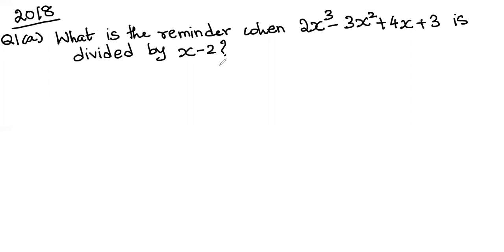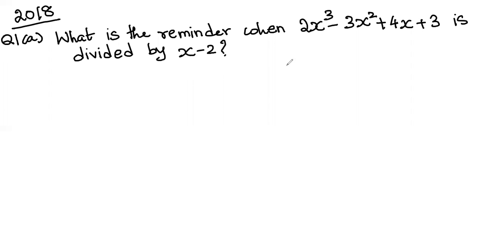This is from complex numbers. So 2018 question 1A reads this. What is the remainder when 2x cubed minus 3x squared plus 4x plus 3 is divided by x minus 2? This is a pretty common question which is based on the remainder theorem.